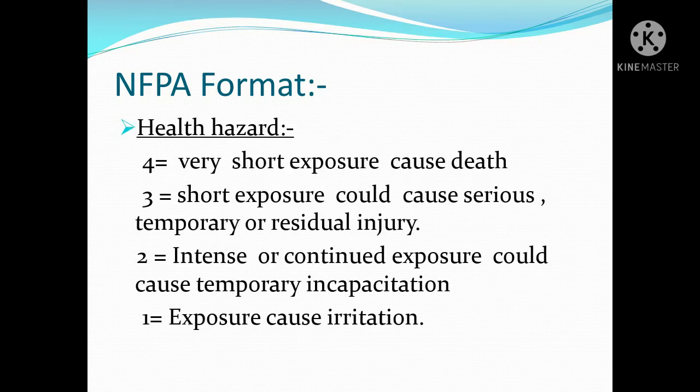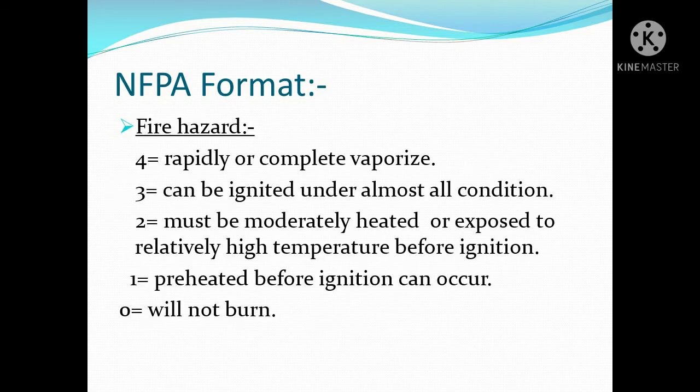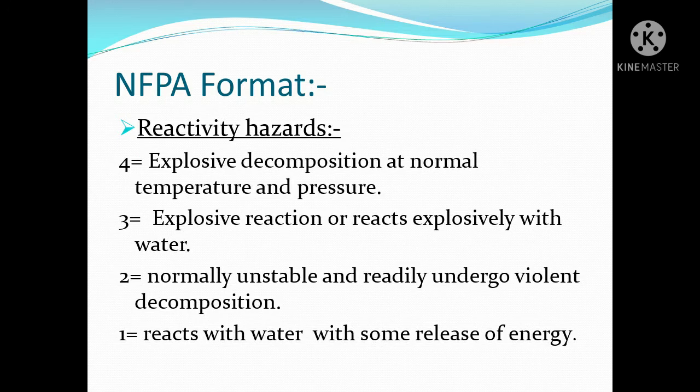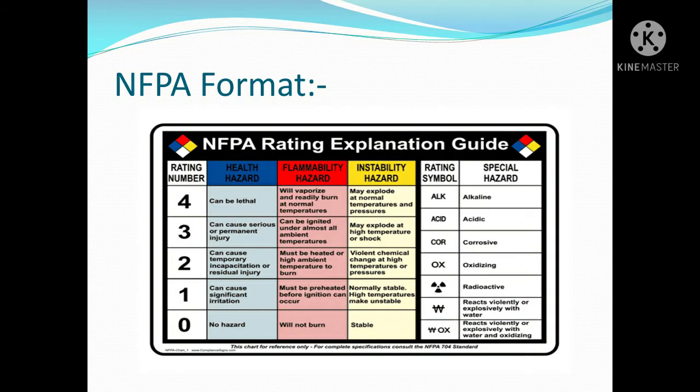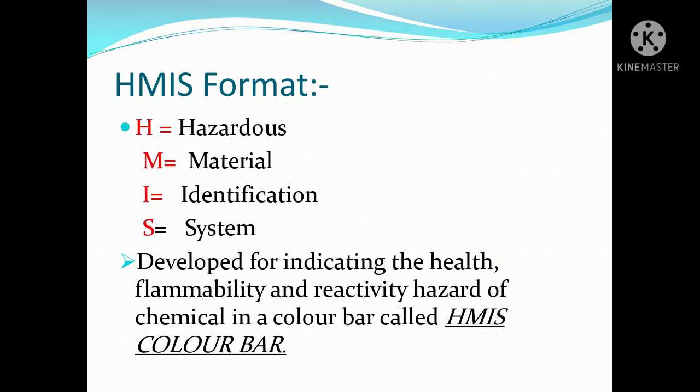Fire hazard is indicated in red in this diamond-shaped object. The white specific hazard contains oxidizer, acid, alkali, corrosive, and use-no-water indication, while health hazard, fire hazard, and reactivity hazard contain numbering 0 to 4, which indicates different stages of risk or seriousness in this type of hazard.